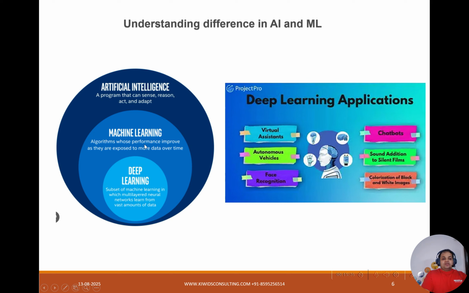It says algorithms whose performance improves as they are exposed to more data over time. Now, what is deep learning? When you're dealing with images, videos, multi-layer data sets, and large data sets, that is where deep learning comes into the picture. Deep learning is basically your neural networks, with algorithms like CNN, used to unfold vast amounts of data.